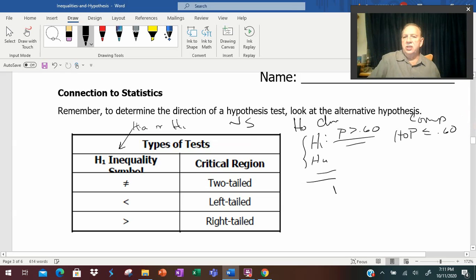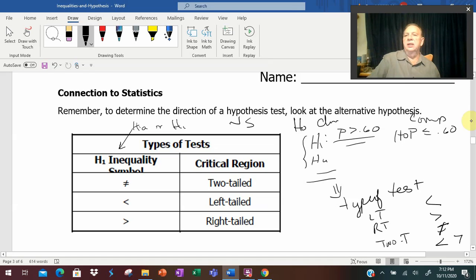The H1 or HA tells us the type of test. Left-tailed, and I'm looking at it this way, so which way the inequality points. So the left-tailed test is this, the right-tailed test is that, and then a two-tailed test is the not equal, which is either this or that, either less than or greater than.